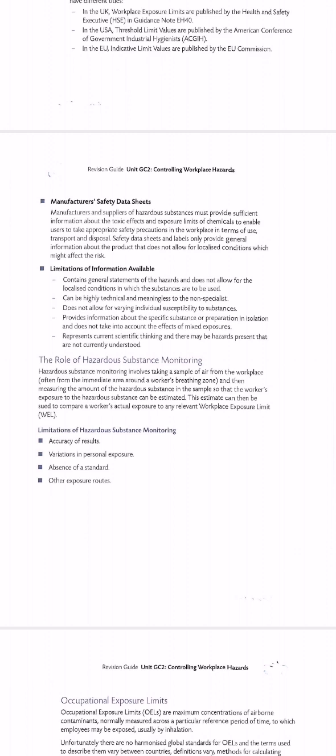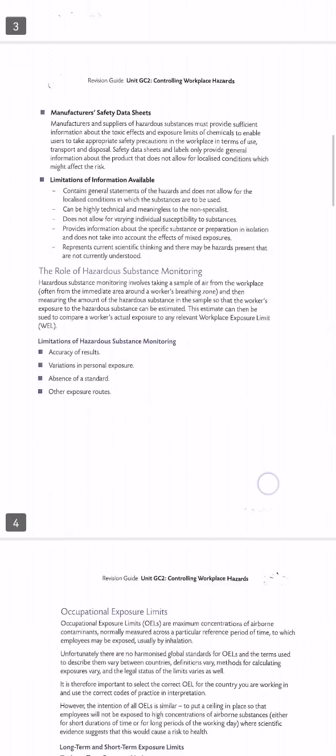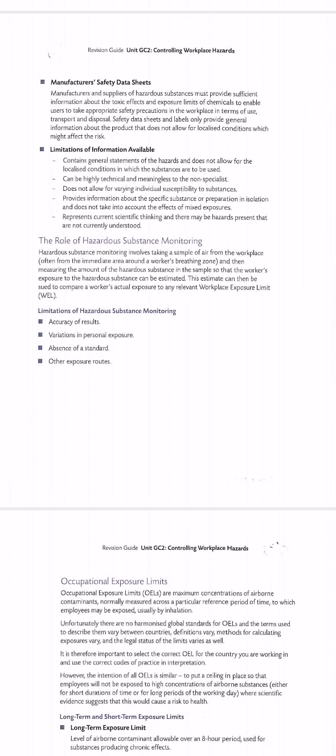It does not allow for various individual susceptibility to substances. It provides information about the specific substance and the preparation in isolation, and does not take into account the effect of mixed exposure. Right? It represents current scientific thinking, and there may be hazards present that are not currently understood. This is all self-explanatory.